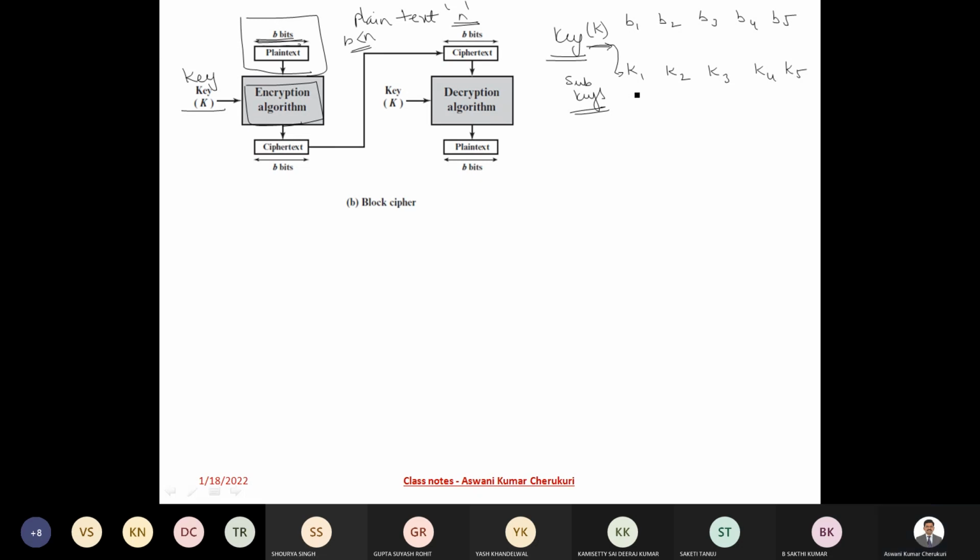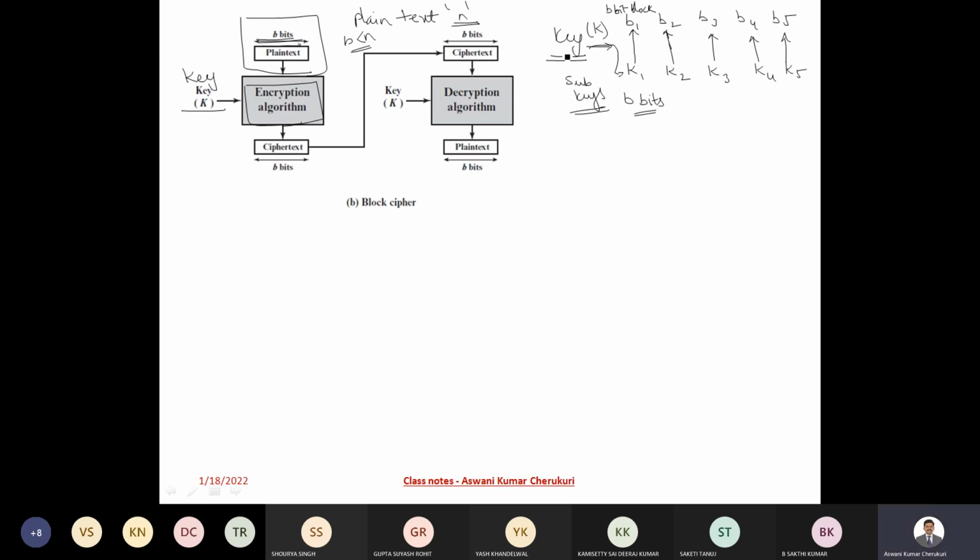These keys would also be of length b bits, because you have a b bit block. You submit each subkey to process each block, that means to generate ciphertext from that particular block.